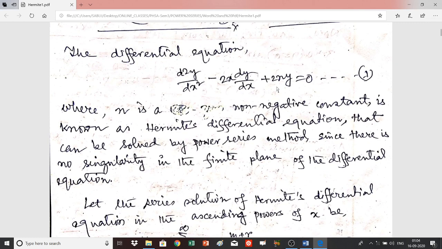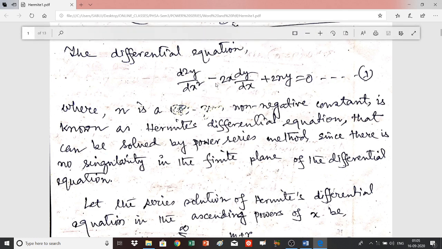To do this, we have to check its singularity. Just compare this equation with the general form of the linear homogeneous differential equation, p0 d2y/dx2 plus p1 dy/dx plus p2 y equals 0.